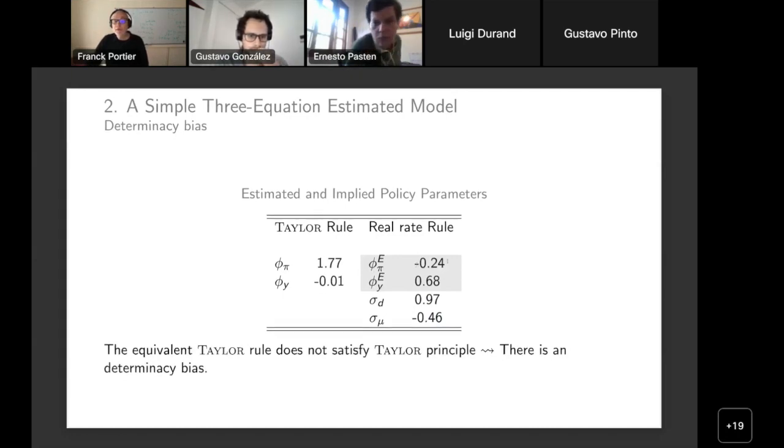And you see, it's a Taylor rule that doesn't satisfy the Taylor principle. So it means that we're exactly in the case where, if data are generated by this, and this is general, so data has to be generated by this, the implementation, I don't know, but in terms of state rule, this is what is going on.